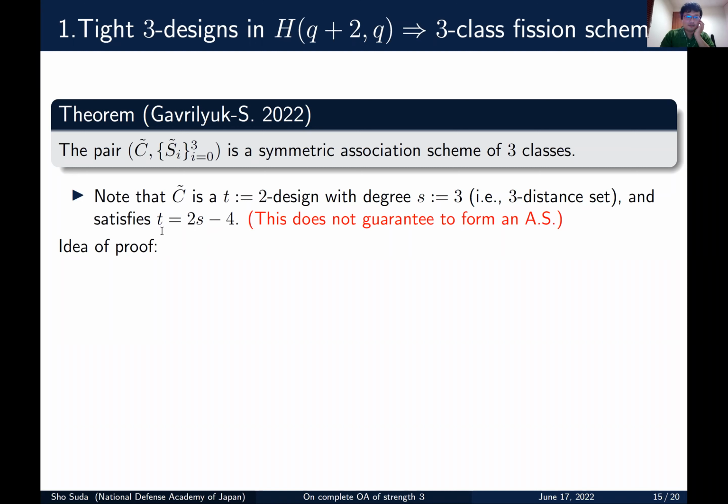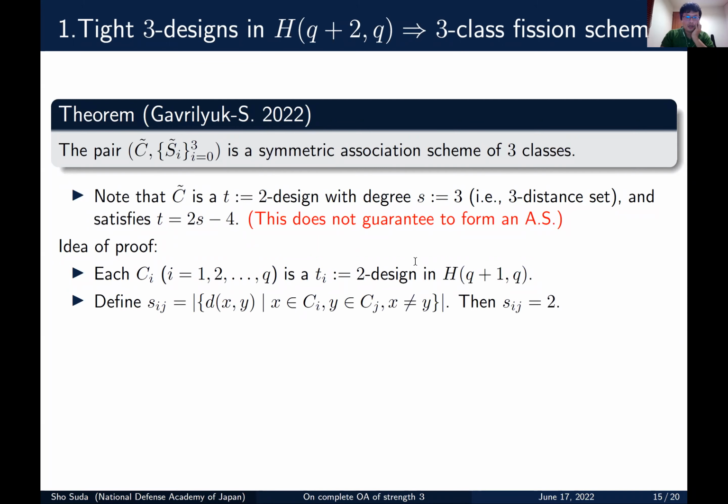The idea of the proof of this result is as follows. Not only C tilde, but also each C_i forms a 2-design in the same Hamming scheme. Also, we consider the number of distances between i's contraction C_i and j's contraction C_j, and the number of distances between C_i and C_j is equal to 2.